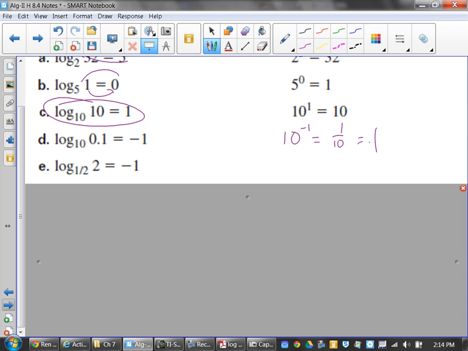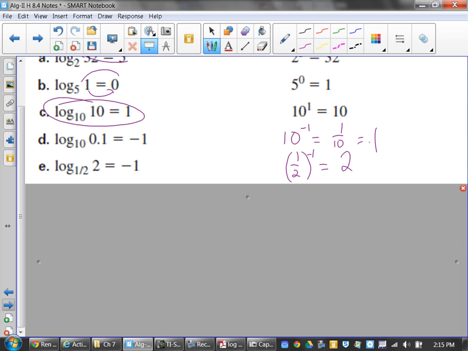Log base 1/2 of 2 is -1. That would be 1/2 to what power? 1/2 to the -1 power. When you have a negative exponent, don't you just flip your fraction?